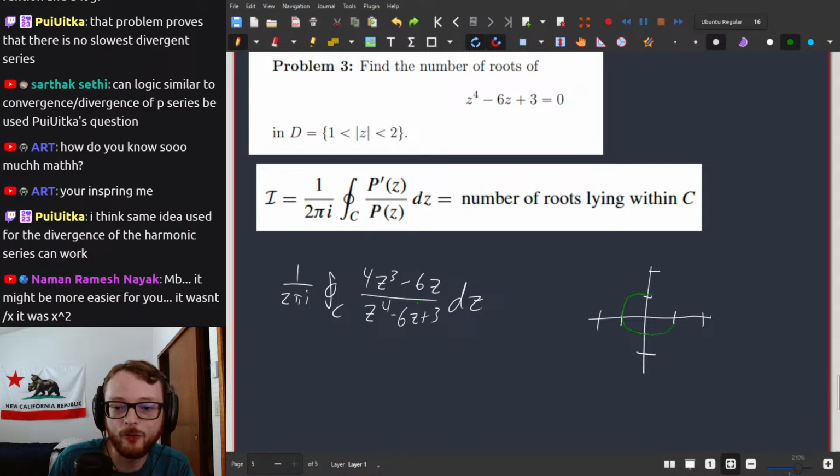This is definitely a circle. We have to do some crosscuts here.